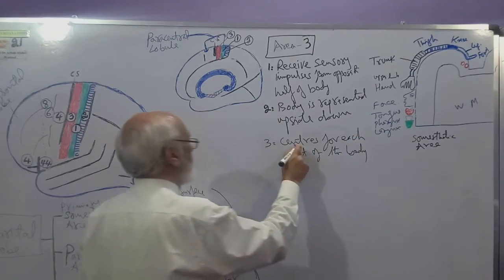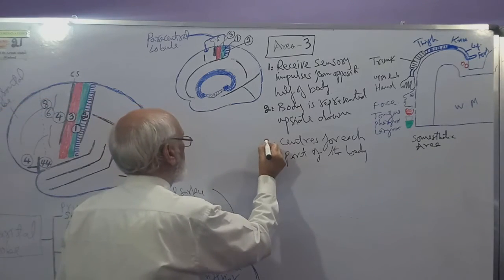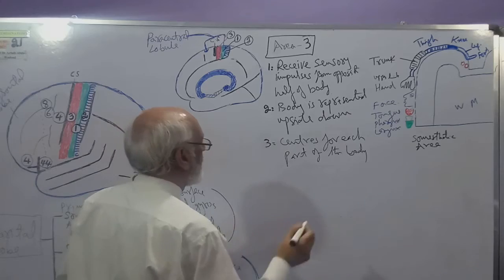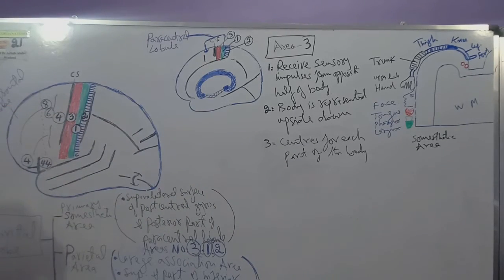Which center? Sensory centers, because we are talking about the sensory cortex. Just like in motor area number 4, there are motor centers for each part of the body.